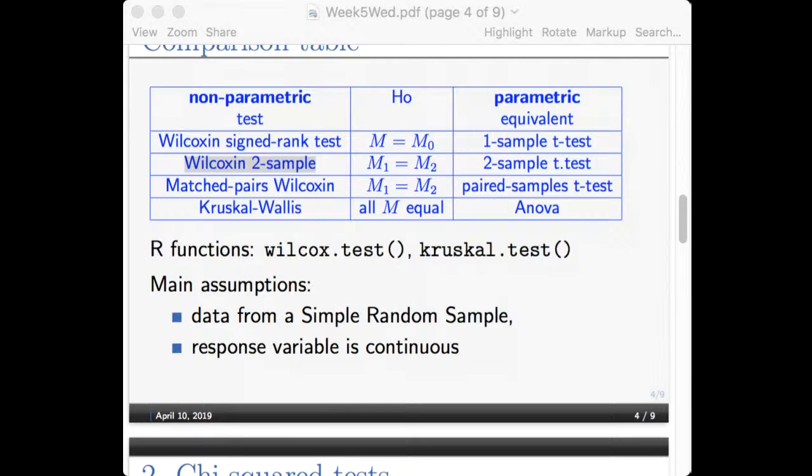If you transformed it and then found that there's still an outlier there and you're forced to use a non-parametric test, I would go back to the original data. I wouldn't use the transformed data. So I don't know if that's what you're asking, Daniel, but I hope that makes sense to people anyway.